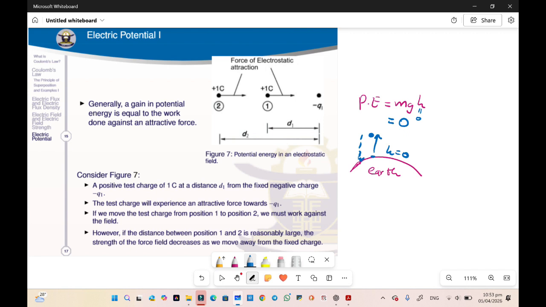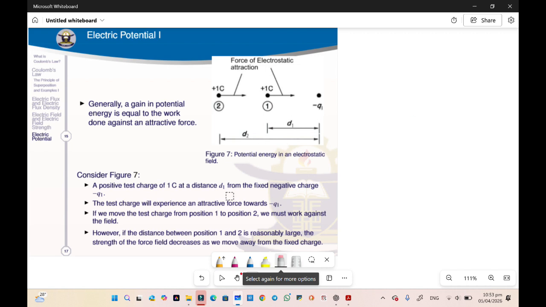Now, drawing from this understanding, we can see that in terms of electrostatic fields, supposing we have a certain negative charge, minus q, as we see here, right? So this charge, because it is negative, will be attracted to a certain positive charge if that positive charge is within the electric field of Q1.